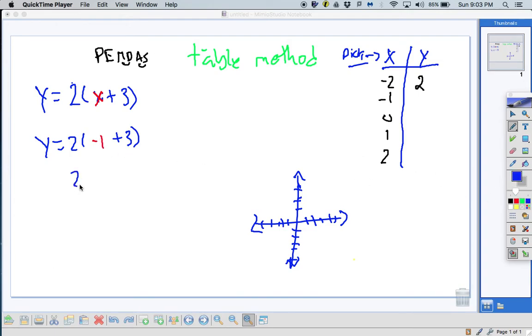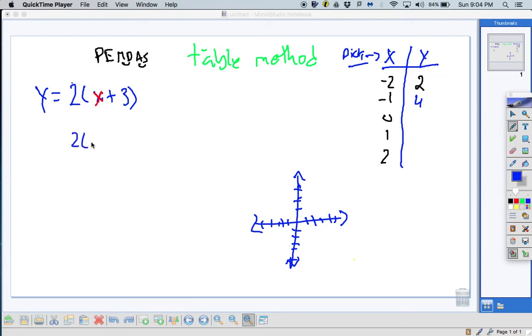Just like before, we do everything inside parentheses first: -1 plus 3, which is 2, and 2 times 2 is 4. So for -1, we know that y is 4. And now we're going to keep on going. This time we're going to do 0. On your paper, please don't erase it. I actually want to see some of your work, but you only have to pick just a couple points. You don't have to do all 5 of them.